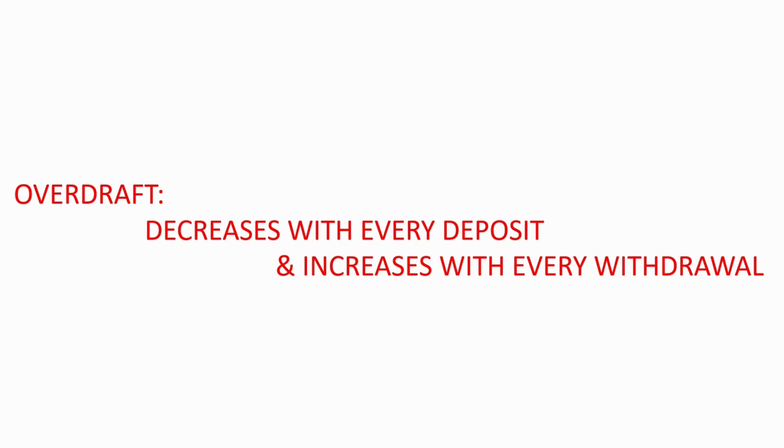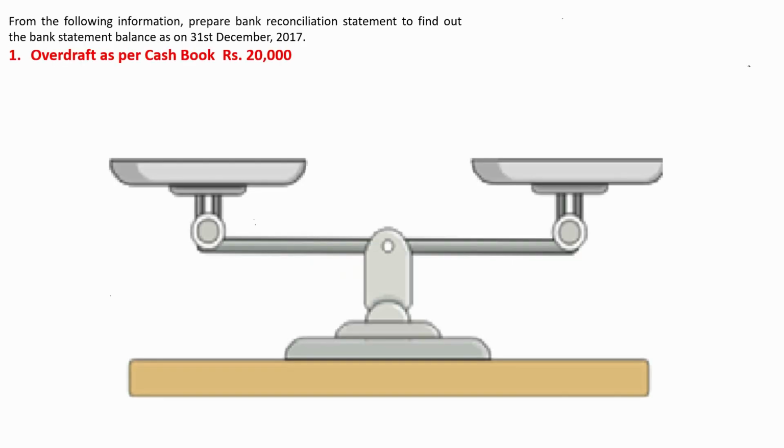And whenever there is a withdrawal, whether it is check issued or whether it is a direct payment by the banker, interest on overdraft, bank charges, whatever be the withdrawal, it increases the overdraft. Keeping this in mind, let us start solving the sum.